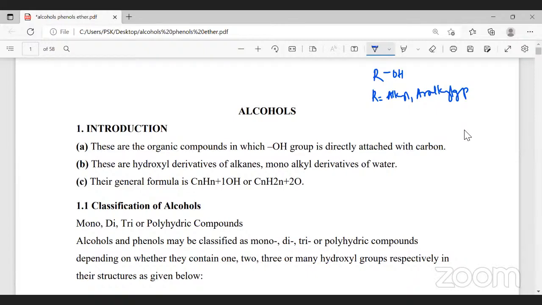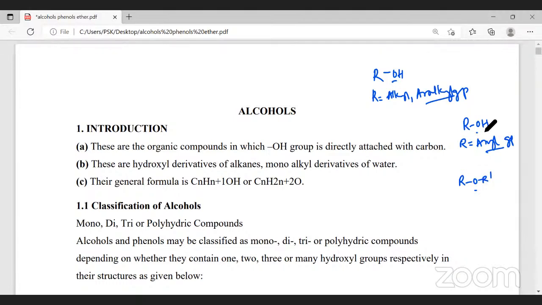Now, phenols are also represented as ROH, and this R in the case of phenol is an aryl group. There is a difference between an aralkyl group and an aryl group. Similarly, ether is represented as R-O-R'. So all three contain oxygen. Therefore, alcohols, phenols, and ethers are studied under one topic.